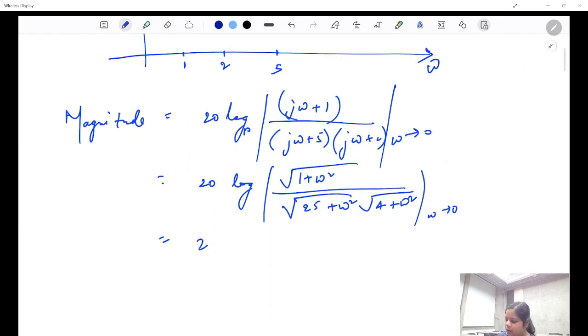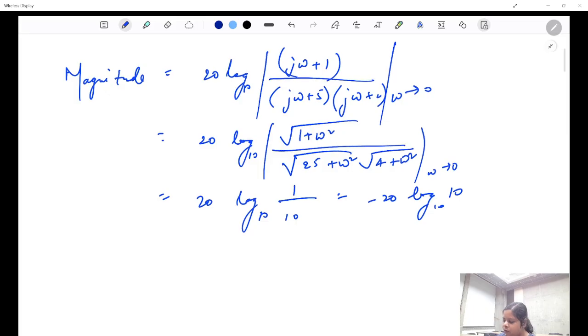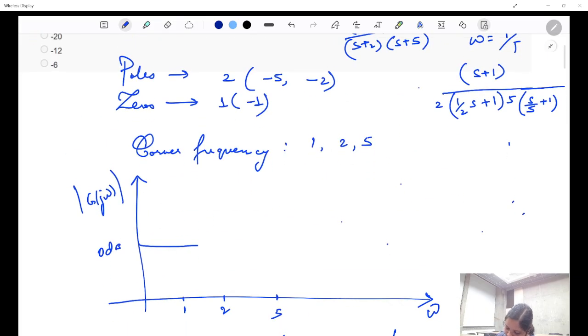So from here you will get 20 log, and here it would be 1 upon 10, right? If you solve it, it would be minus 20 log 10. Always the base of log is 10 in this case. So from here it would be minus 20 dB. So the initial starting point is not 0 dB, rather it's minus 20 dB.